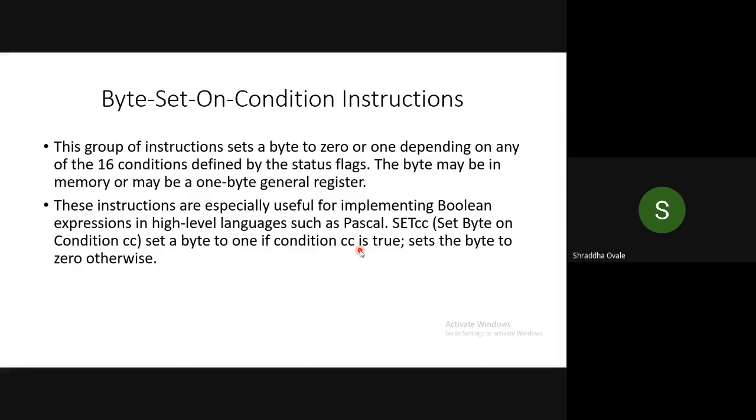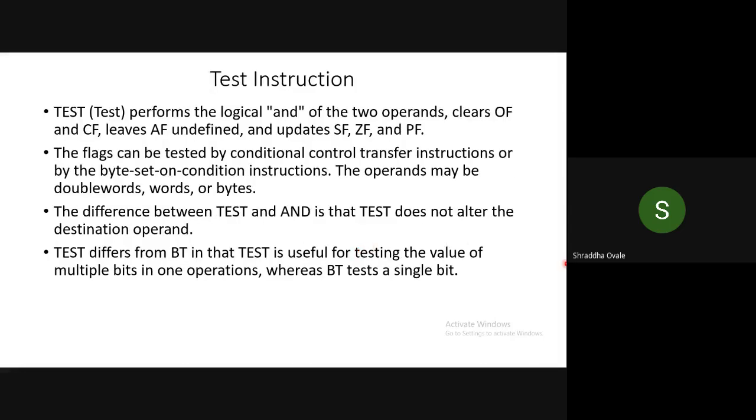Fine. Now the last instruction is the test instruction. What is the test instruction? Test is nothing but a mechanism that is used to test. It will perform the logical AND of the two operands, clear the overflow flag and carry flag, leave the auxiliary flag undefined, and update the SF, ZF and PF flags.